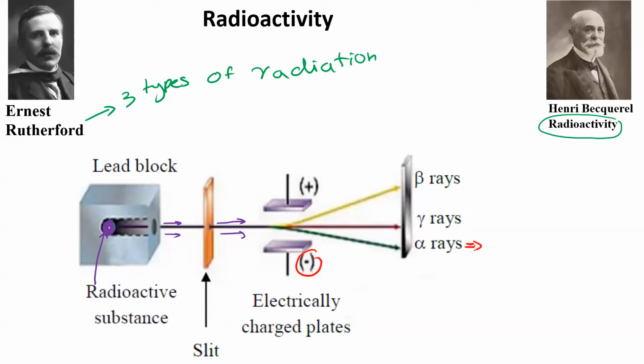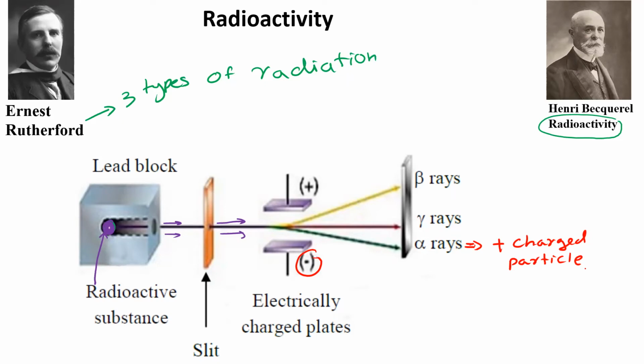Alpha rays are attracted towards the negatively charged plate, making him think that alpha rays are positively charged, and also it is a particle. When we say a particle, that means it has a mass, like a rock or a sand grain. When it is a particle, we think about mass, that there is some sort of a mass in it.